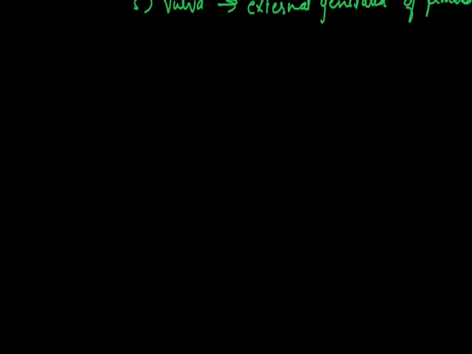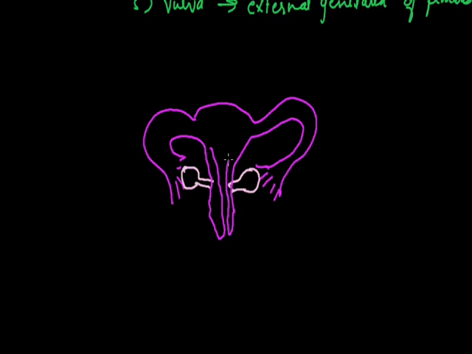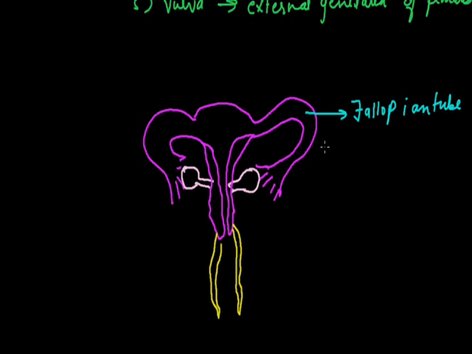Now let me draw the female reproductive system. It looks like this. Here I am drawing the female reproductive system. These are two ovaries, and this lower portion extends like this. Now let me label it. This part is called a fallopian tube, which is a site of fertilization.